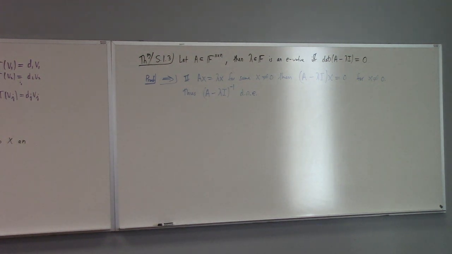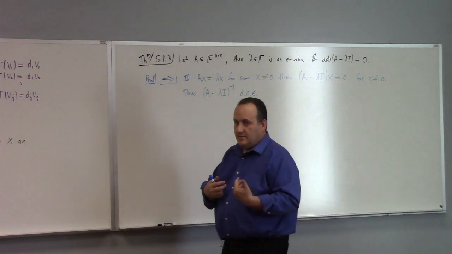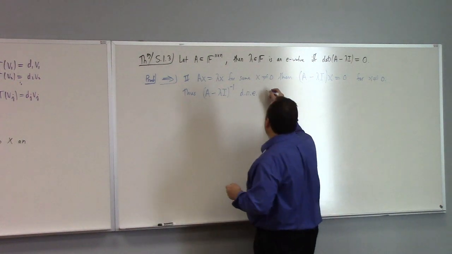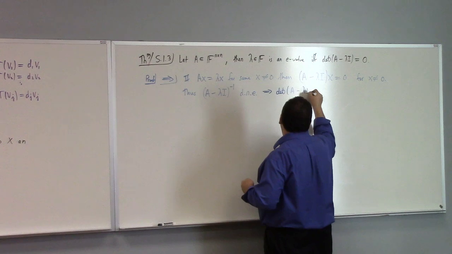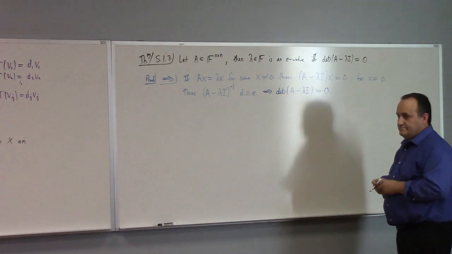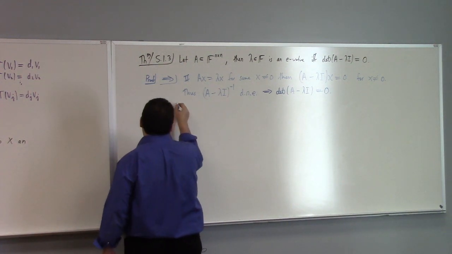In other words, another way to think about it, the non-zero x means there's a linear dependence amongst the columns of the matrix A minus lambda I. So it can't be invertible, right? So it must be a determinant 0 matrix. And so there you go. And to go the other way, it's almost the same thing.